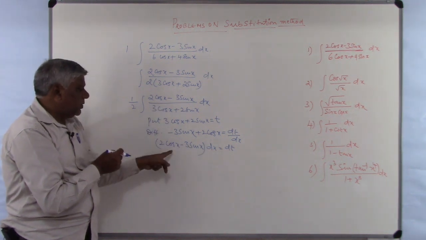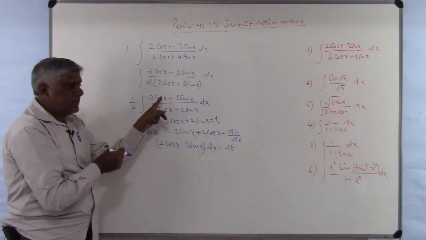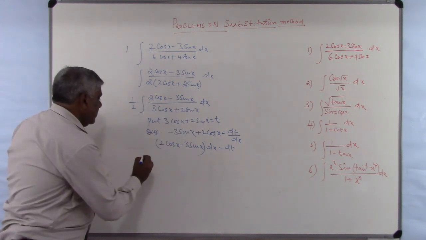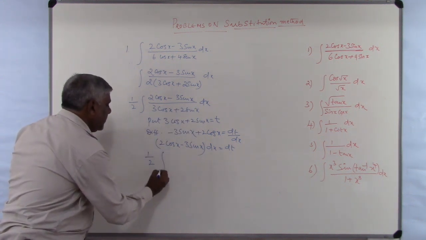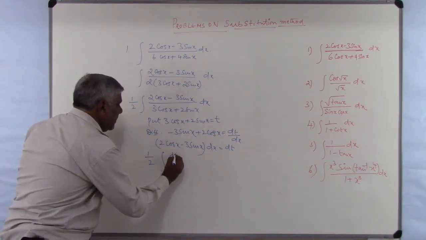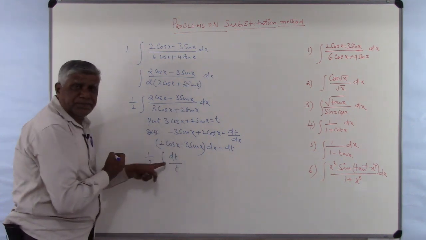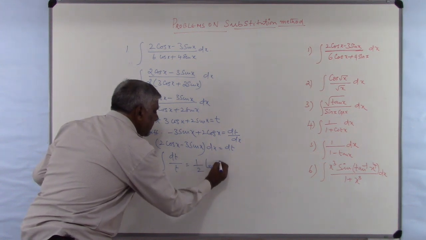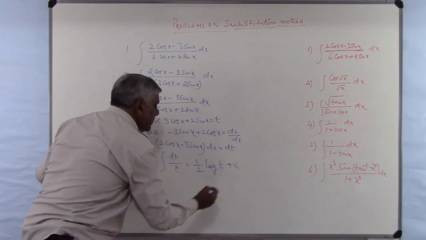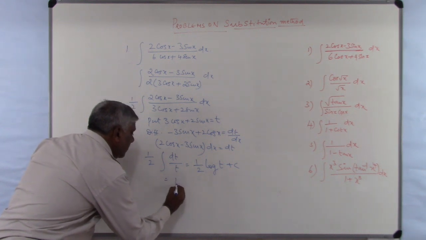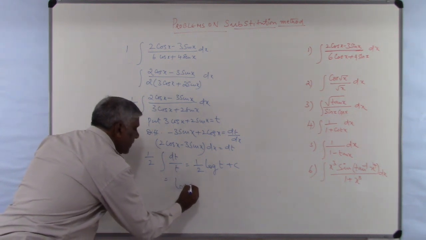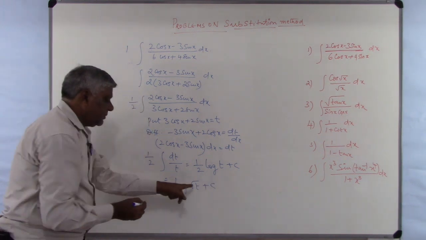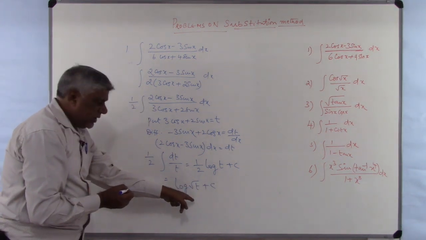Now substitute here. 2 cos x minus 3 sin x into dx is what? It is dt. So half of integral dt by t, which is equal to half of log t plus c. This is equal to log of t to the power of half, or root t.